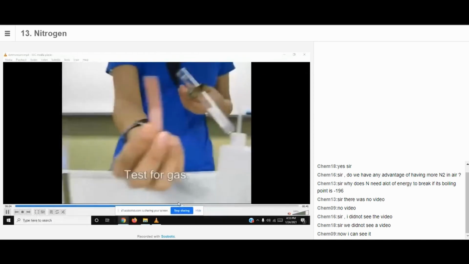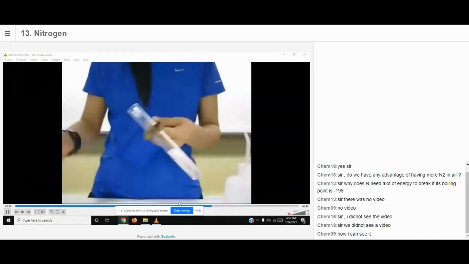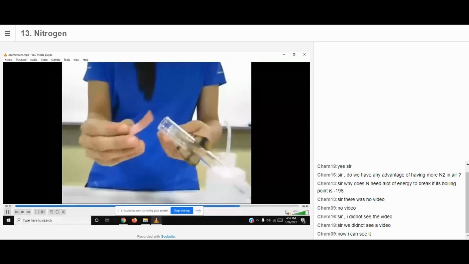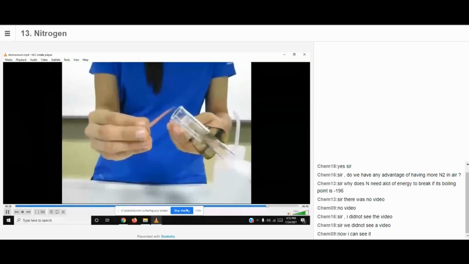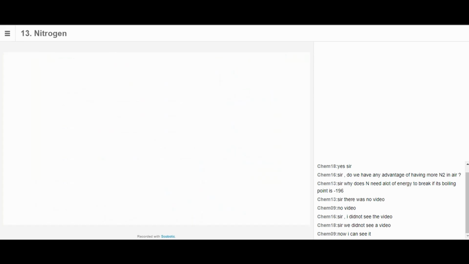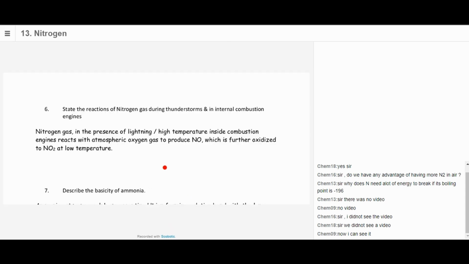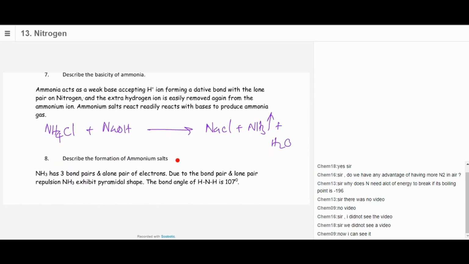You can test the gas with moist red litmus. It turns blue because ammonia is an alkaline gas. Right, okay. That's the test for ammonia.